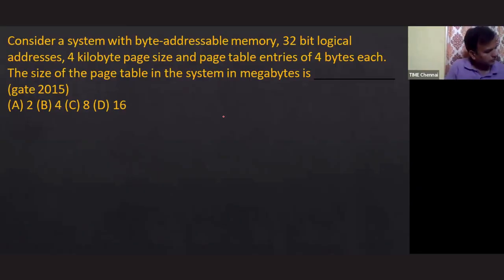Let's see this one. Consider the system with byte addressable memory, 32-bit logical addresses. Logical address equals 32 bits and 4 kilobyte page size. Page size equals 4 kilobyte and page table entry of 4 byte.